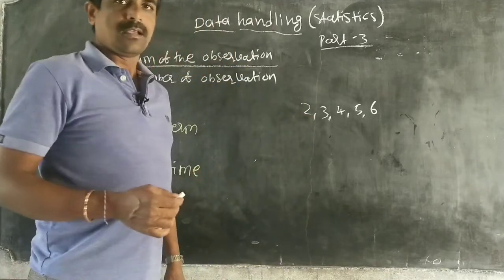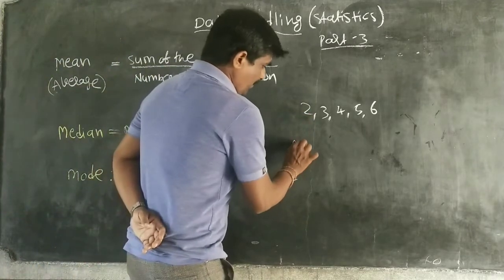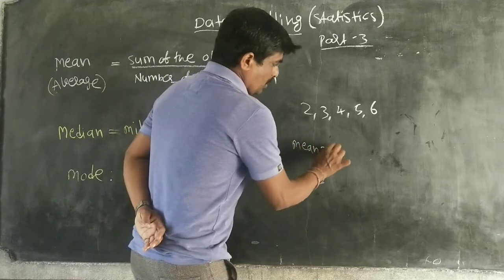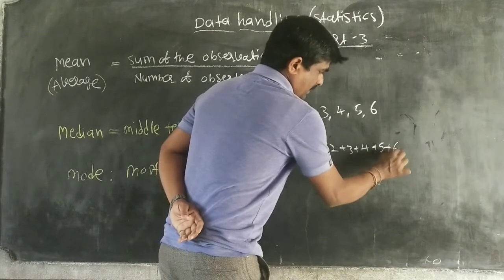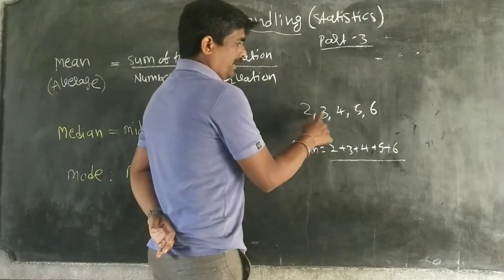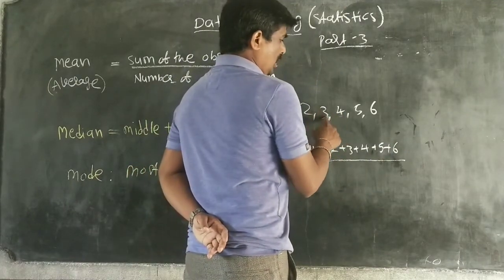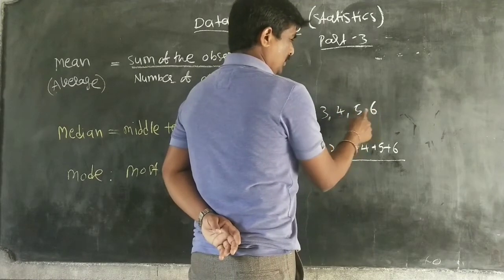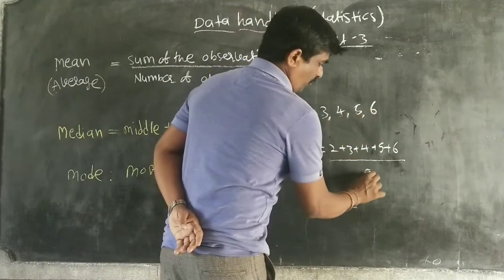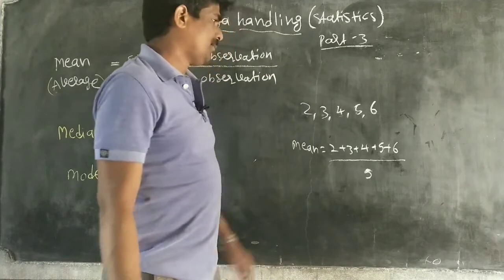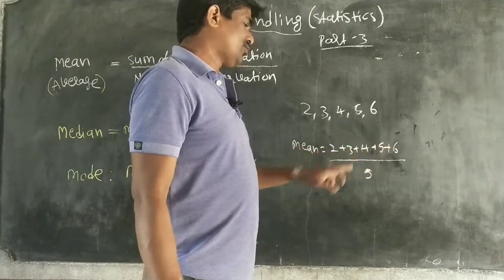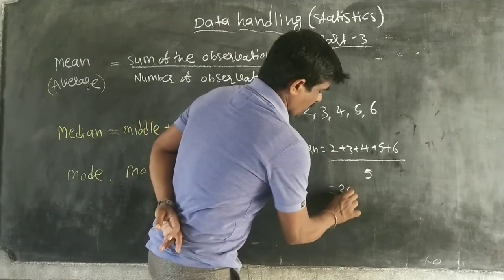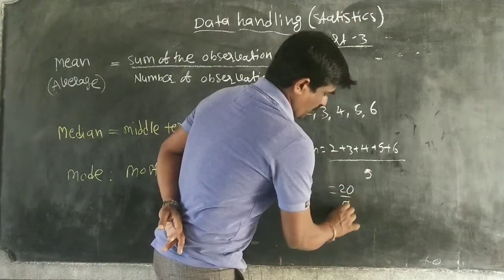Mean is equal to 3 plus 4 plus 5 plus 6, divided by how many numbers you have. 1, 2, 3, 4, 5, 6... observe, 5 numbers. So 5 plus 6 plus 4, that is 20. 20 divided by 5 is equal to 4.